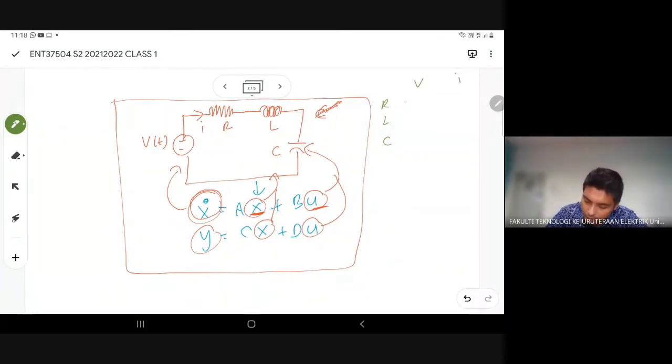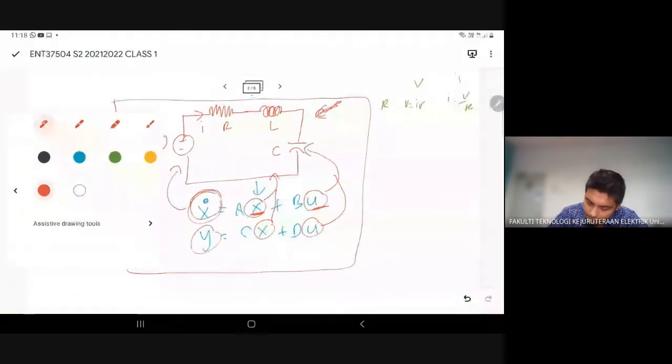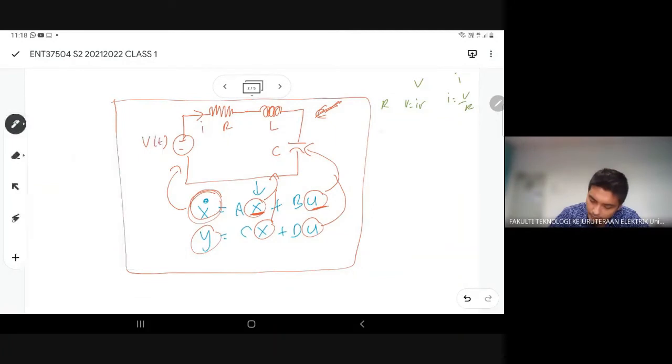For the resistor, the voltage is V equal to IR, and the current equals V over R. Next, we go to the L. For the inductor, the voltage equation is VL equal to L dIL over dt.